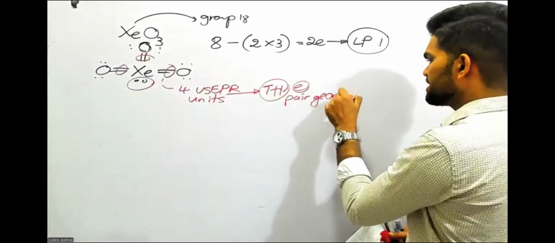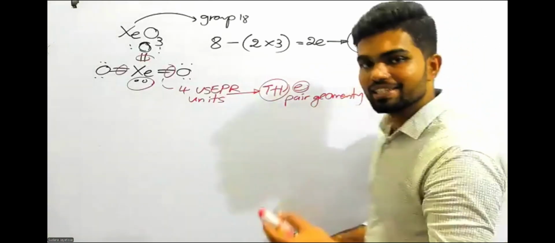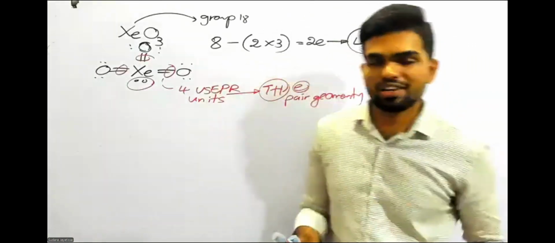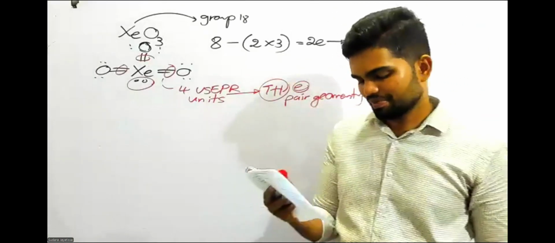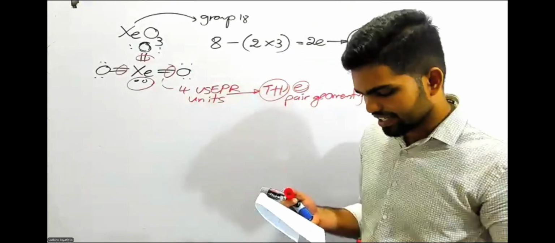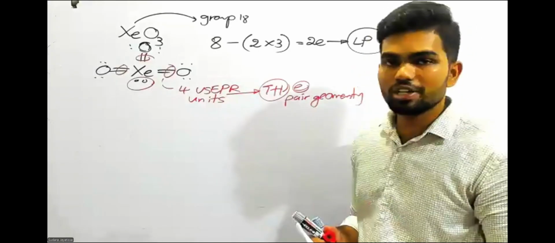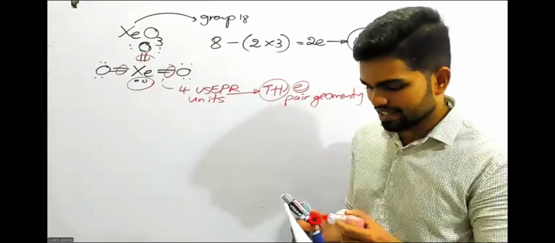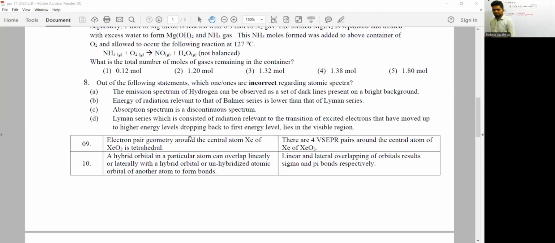If the first statement is true, you have to look for a reason, because sometimes the second one is also correct. My reason is it is tetrahedral because it has 4 repulsion units. Now let's see what the second statement is telling. It tells there are 4 VSEPR units around the xenon. So it explains it also. Correct and explains. Answer 1.